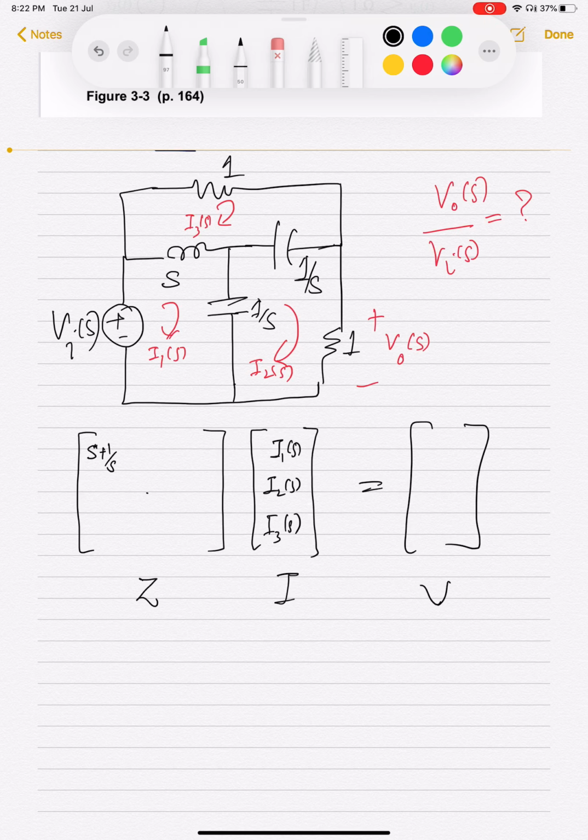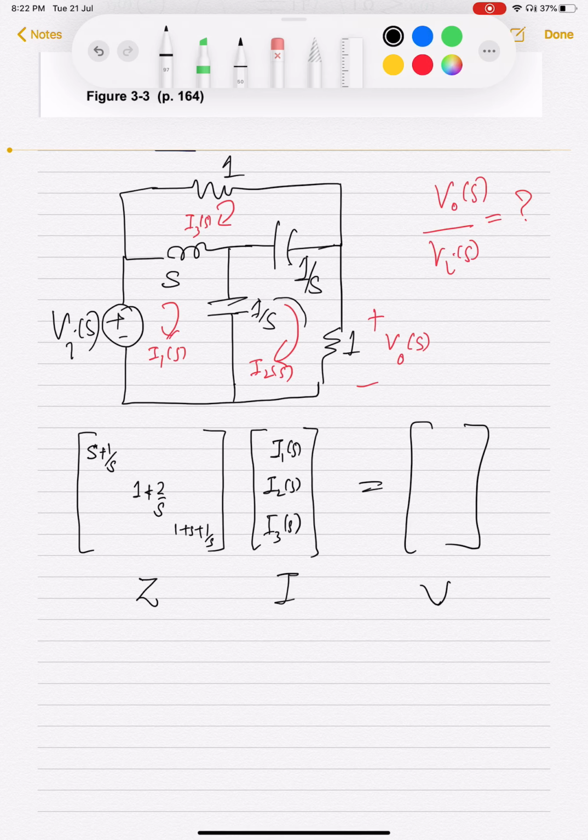Similarly, the second diagonal element here is the total impedance through which the mesh current I2S is flowing. So the mesh current I2S is flowing in this mesh, right? So this mesh. So this is 1 by S plus 1 by S plus 1. So this is 1 plus 2 by S. Similarly, I3S is flowing in 1 plus 1 by S plus S. So 1 plus S plus 1 by S.